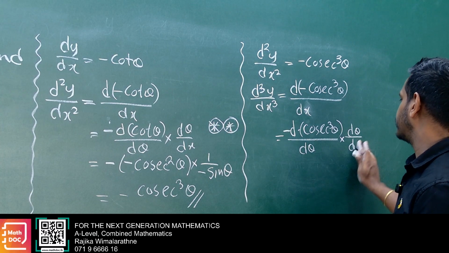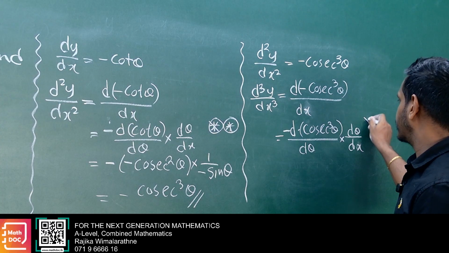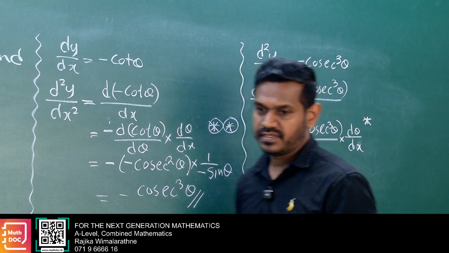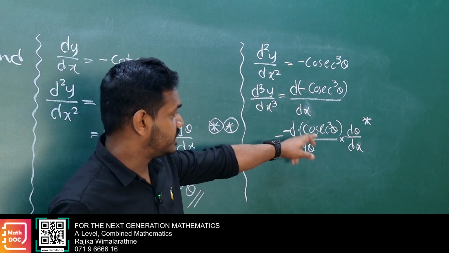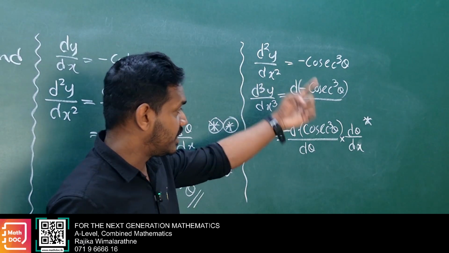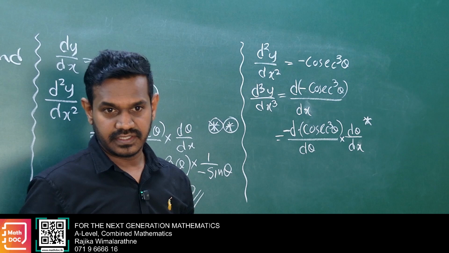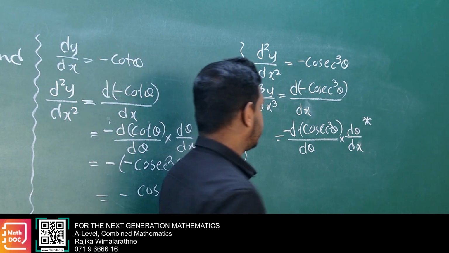Apply the chain rule here. That's the specialty. Differentiate with respect to theta, then multiply by d theta by dx. Okay, continue.